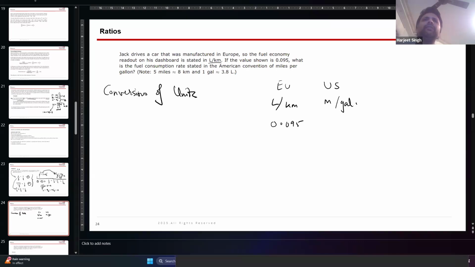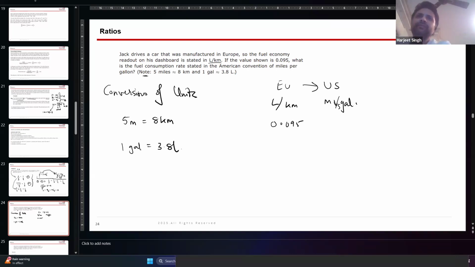And we have also the conversion rates given. So 5 miles is equal to 8 kilometers and 1 gallon equals 3.8 liters. Now the way we solve this is, whatever is known, we need to convert this EU into US, which means EU is in L by kilometer, and we need US as miles versus gallons.